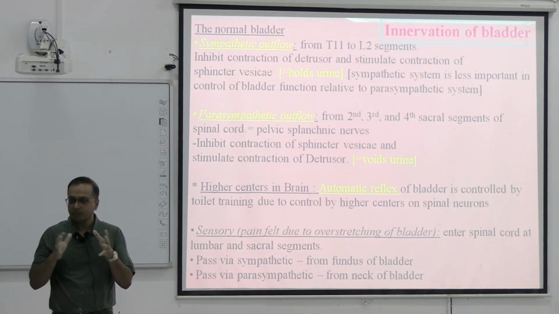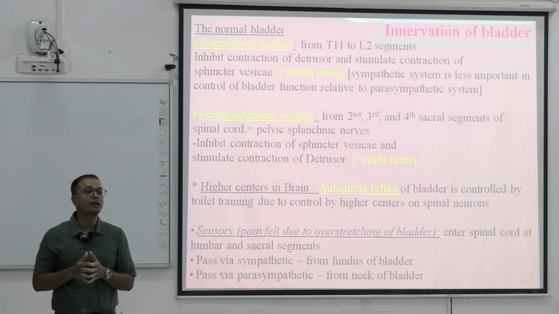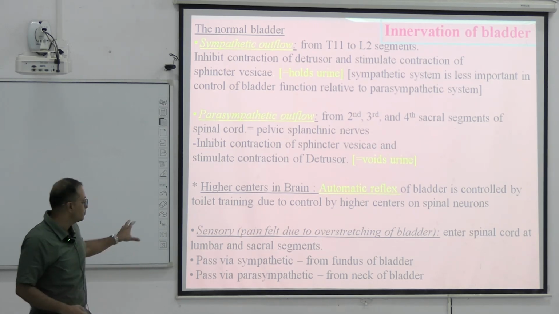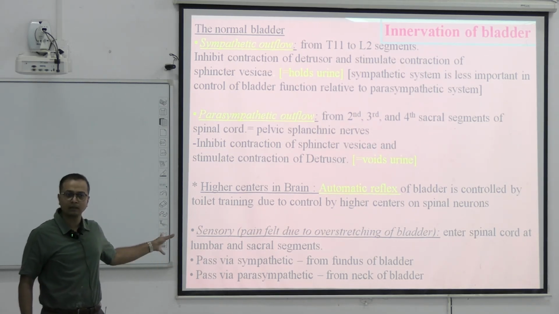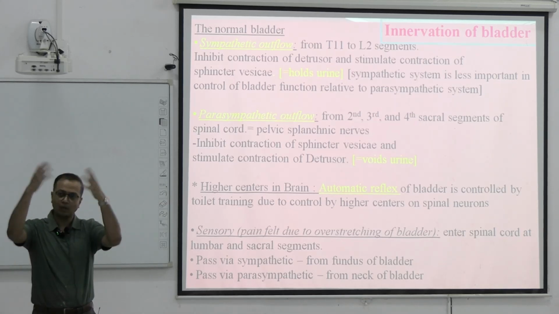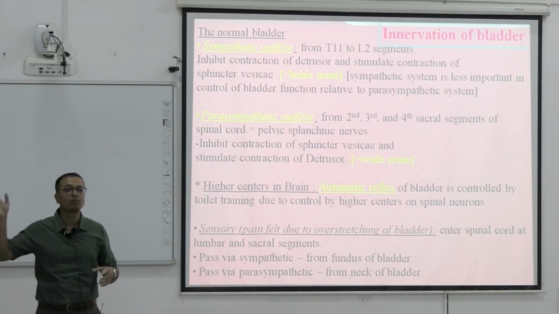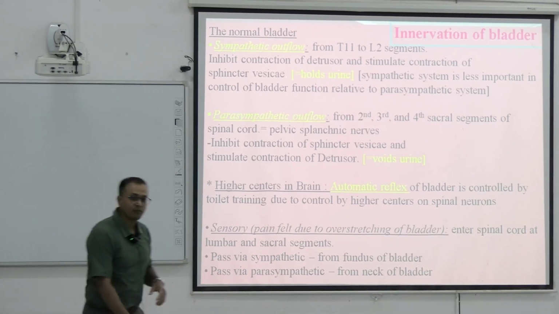So, if we are holding urine for a long period of time and it is overstretched, we feel pain. That pain sensation is carried through both sympathetic and parasympathetic nerves and delivered to the higher centers, telling us we are overstretched, overdue, cannot do this, run out of the class. Now, you are free to run out.